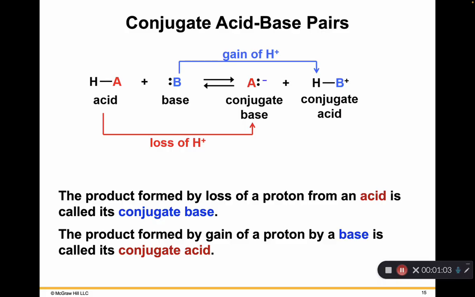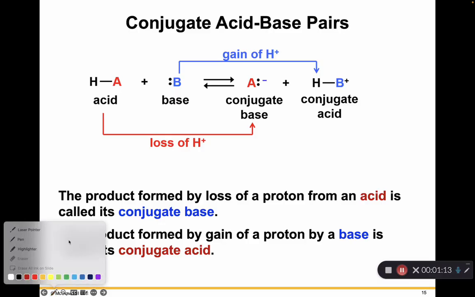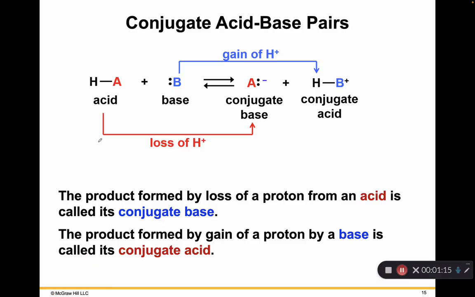So let's see the reaction of acids with bases with an example here. I'm bringing here HA, a representative acid. Any acid I can represent as HA. It's a general representation.